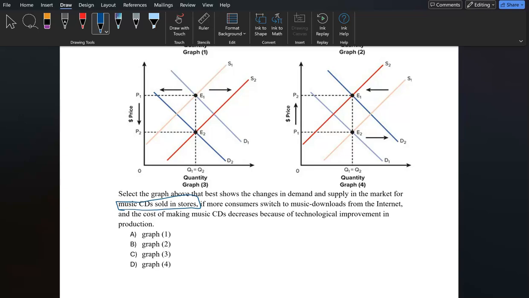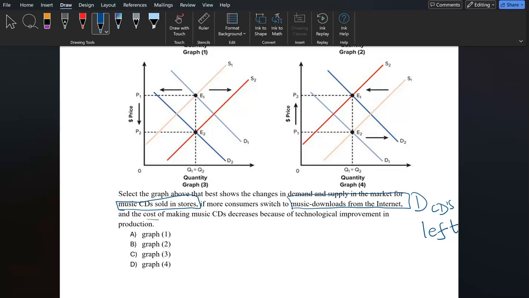What happens to the demand and supply in the market for music CDs if more consumers switch to music downloads from the internet? That means what? The demand for CDs will shift to the left because the preference for music CDs is going down.